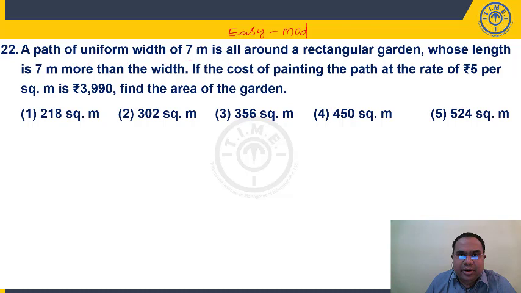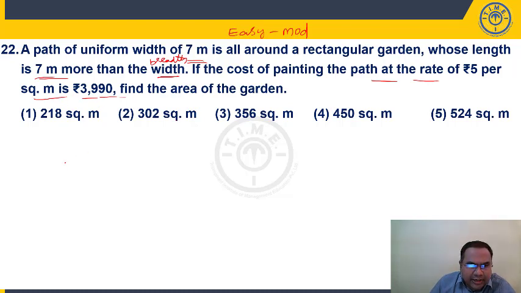A uniform path of 7 meters is all around a rectangular garden whose length is 7 meters more than width. Width is nothing but breadth. Okay. If the cost of painting the path at the rate of 5 per square meter is 3990, find the area of the region. Right. Now see here.